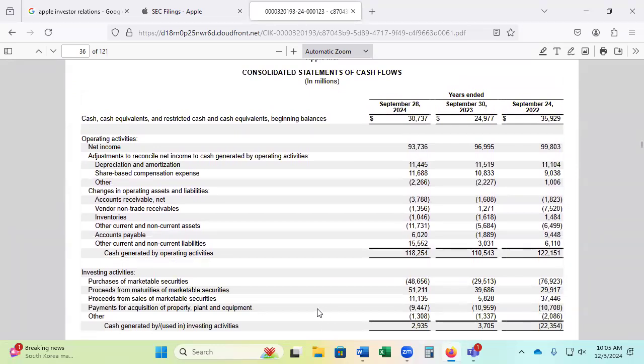In general, this is what a cash flow statement would look like, and you can see what method they use.